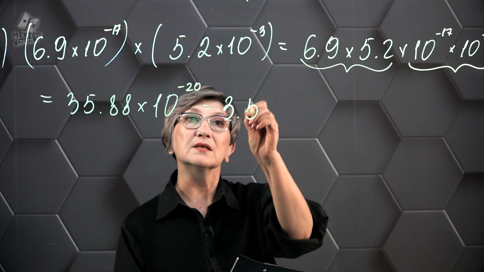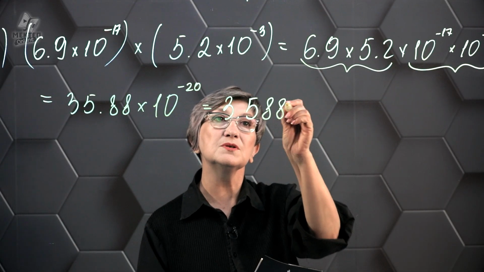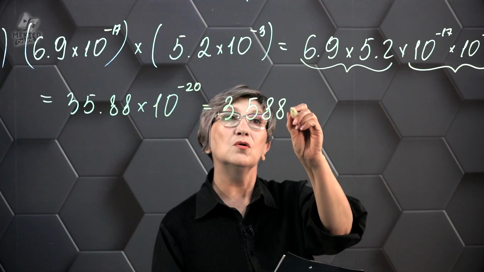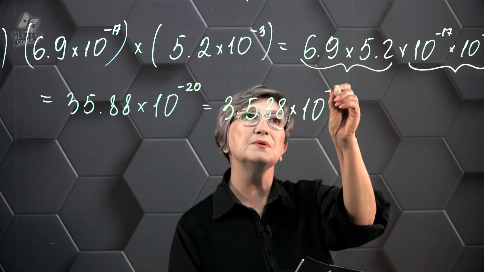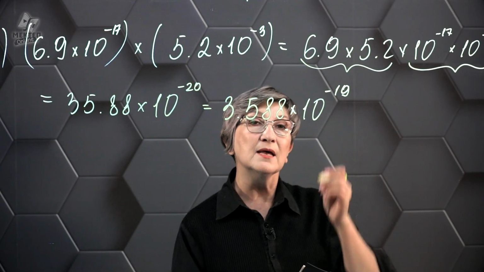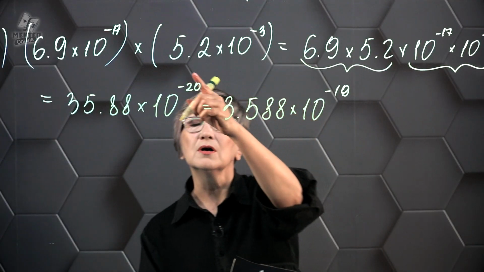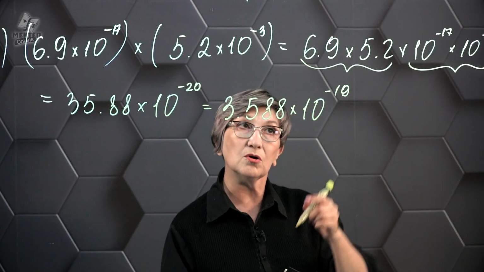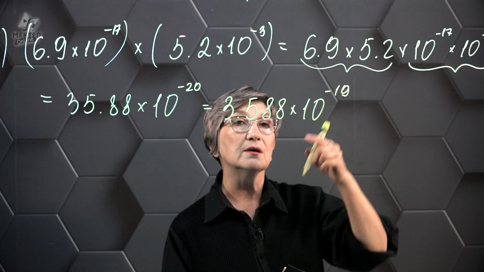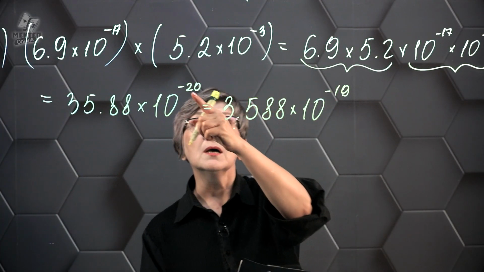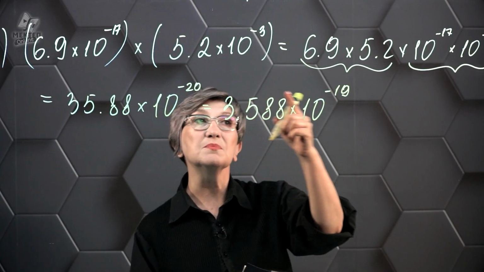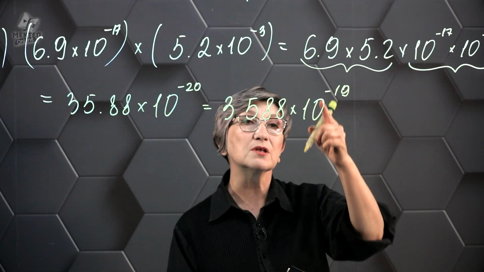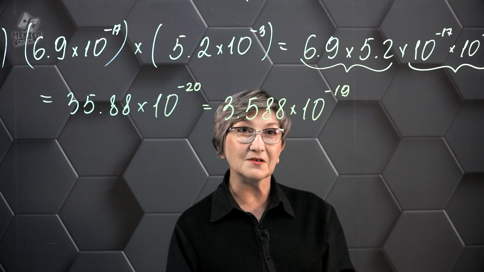So I will write the answer as follows: 3.588 multiplied by 10 to the power of minus 19. Don't forget that when we increase a negative number, in this case we add 1. And when I add 1 to minus 20, I end up with minus 19.